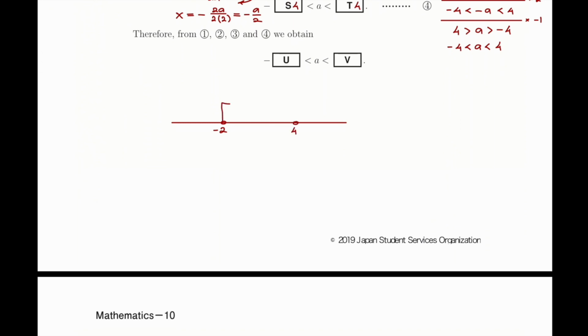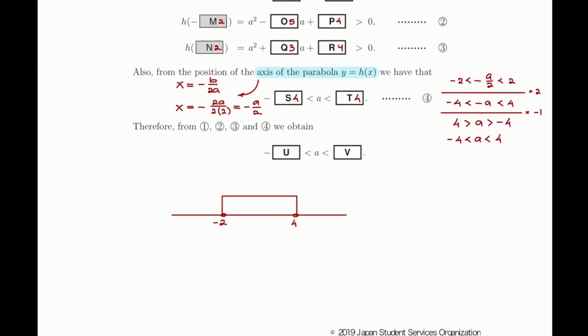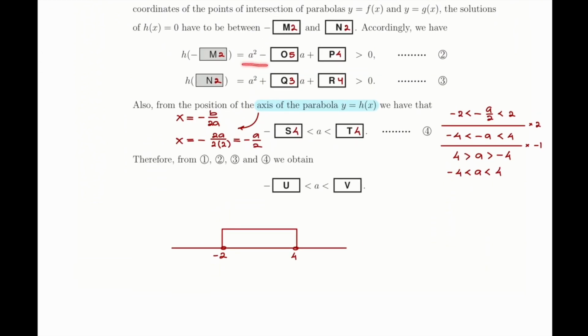This is the solution for 1, negative 2 until 4, and then 2. What is 2? 2 is the solution of this inequality, a square minus 5a plus 4 greater than 0. So I will find the solution of 2 here.